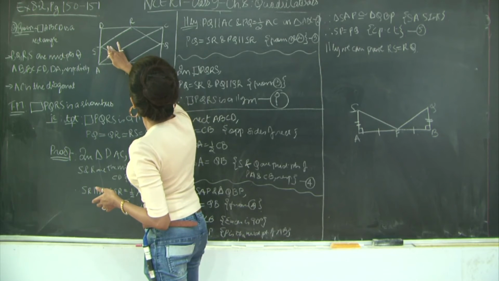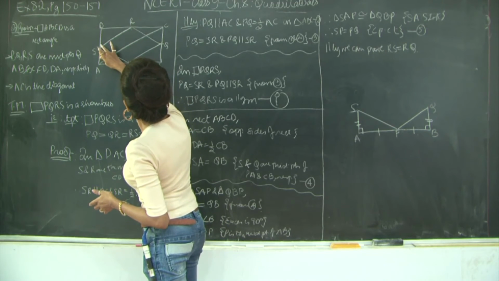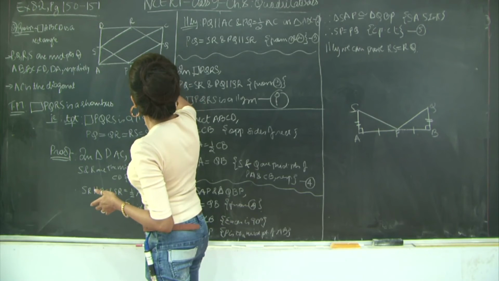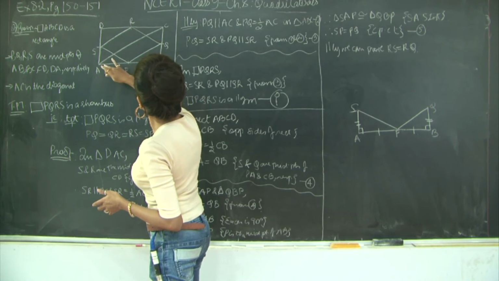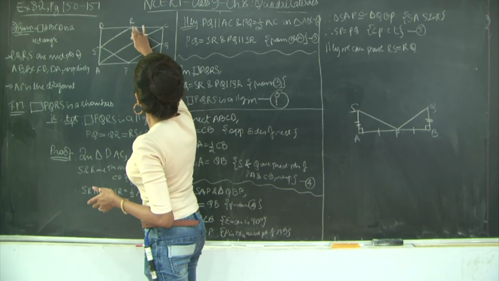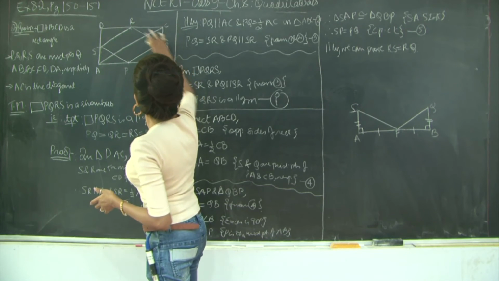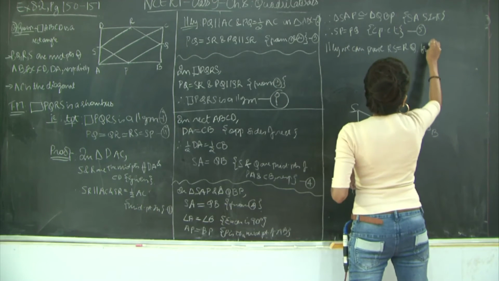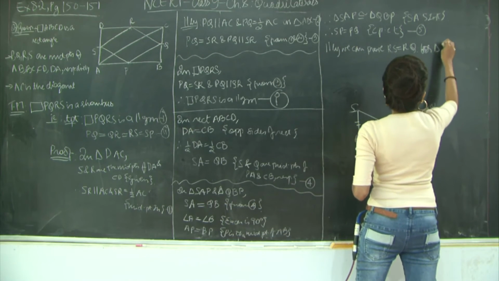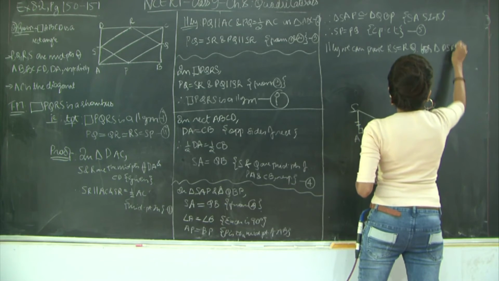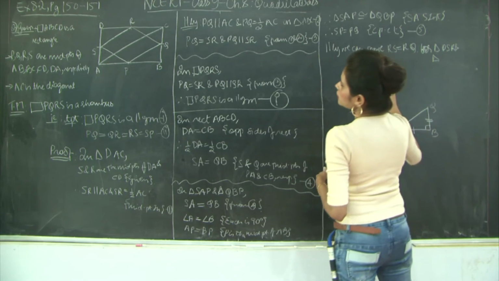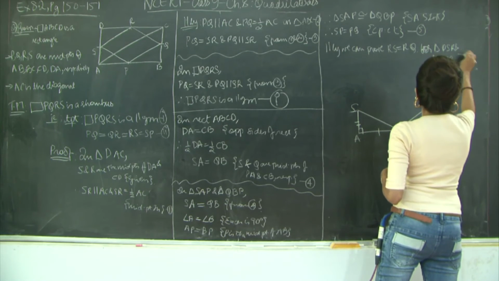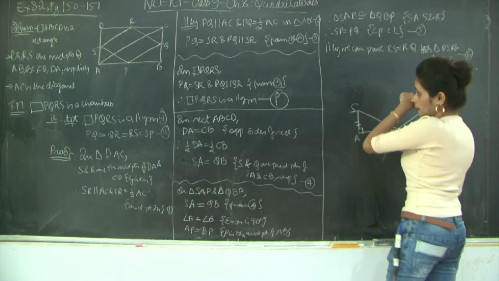Just one moment. DSR and CQR. For triangles DSR and triangle CQR. Let us mark this as 6.